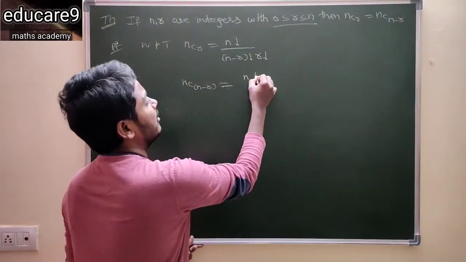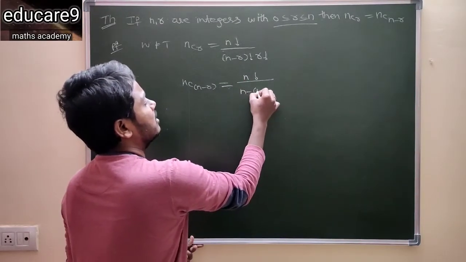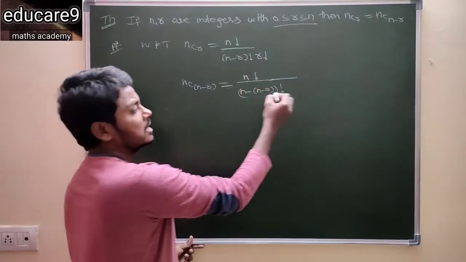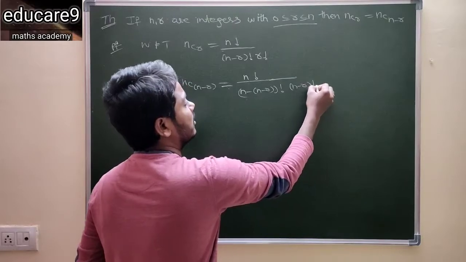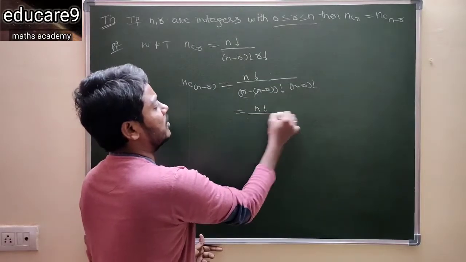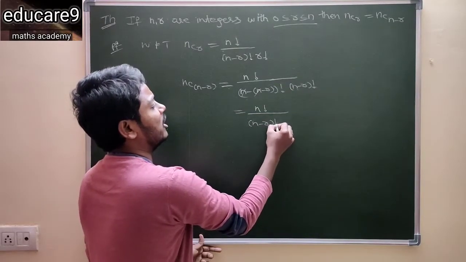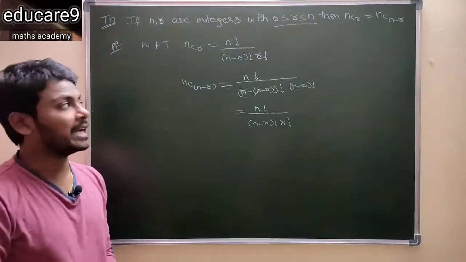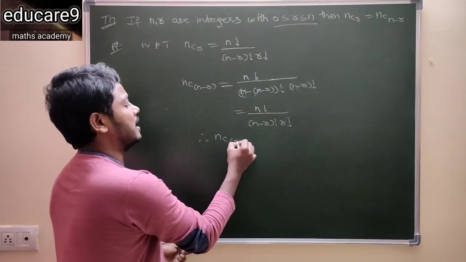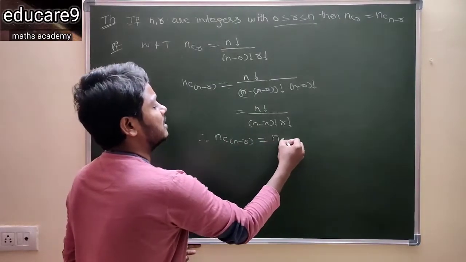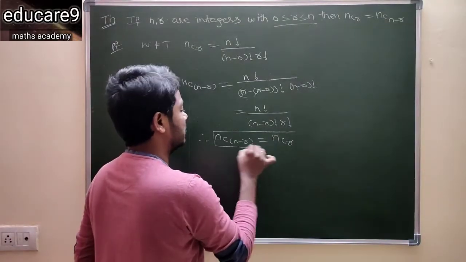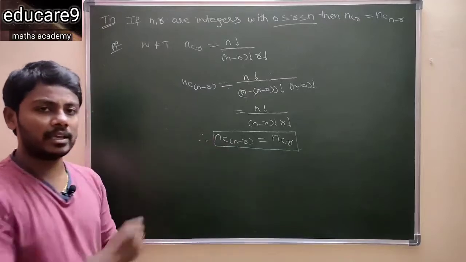You will get n factorial by (n minus (n minus r)) factorial into (n minus r) factorial. Here n gets cancelled, so you will get n factorial by (n minus r) factorial into r factorial, which is nCr again. Therefore nC(n minus r) is equal to nCr. So this is the formula.